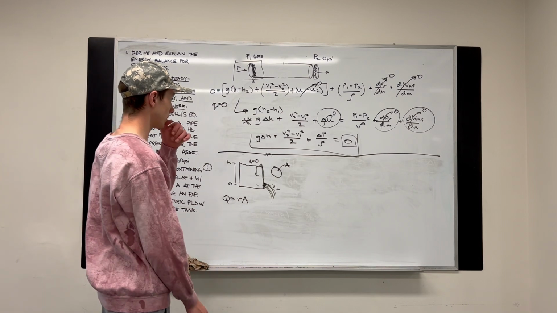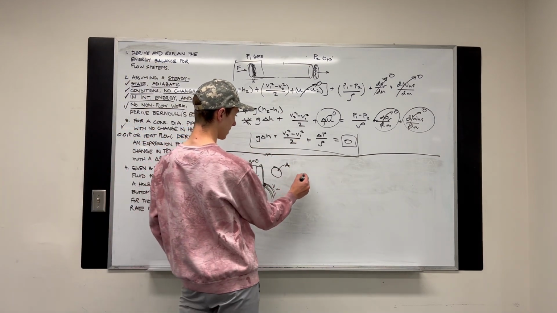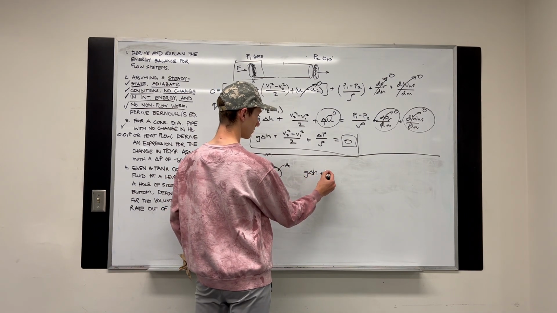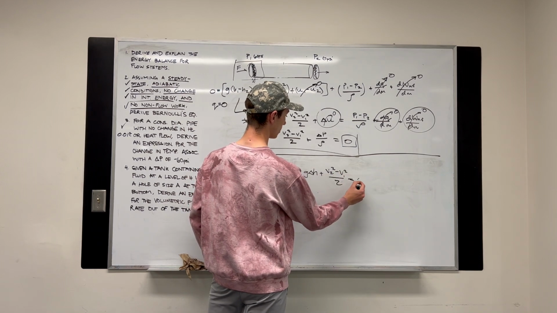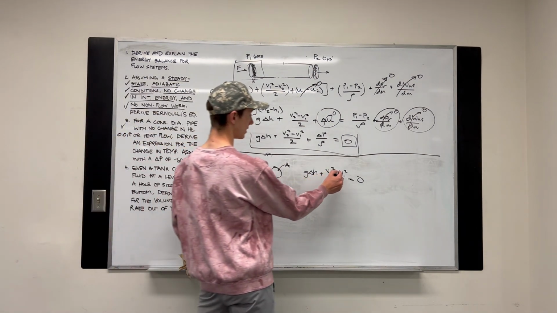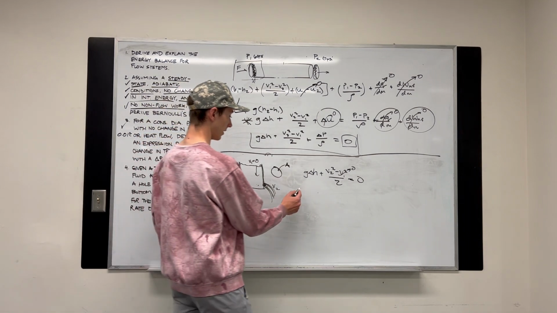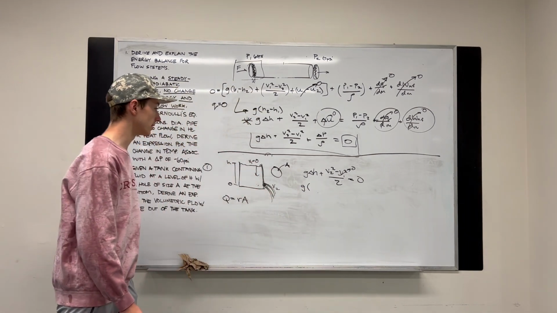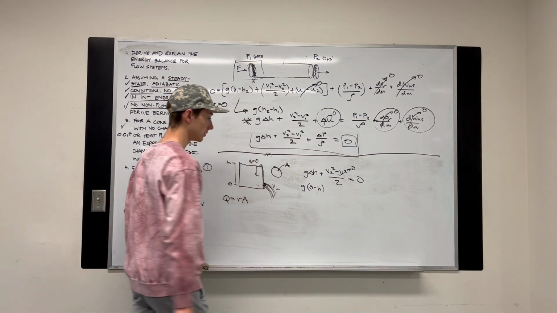So what we can do here is say that if all these other terms are 0, we just have g delta h plus (V2 squared minus V1 squared) over 2 equals 0. And we already said that V1 itself is 0. Okay, so let's just go ahead and solve this. We have g times change in height, which is 0 minus h.